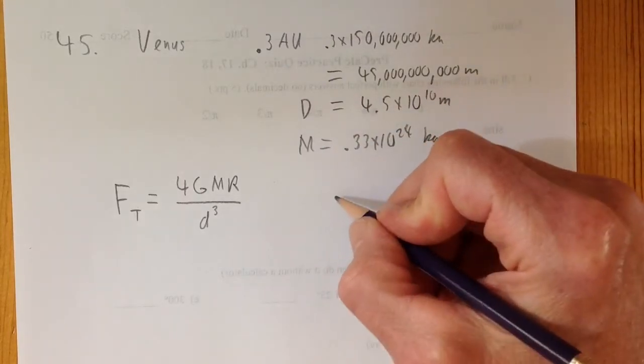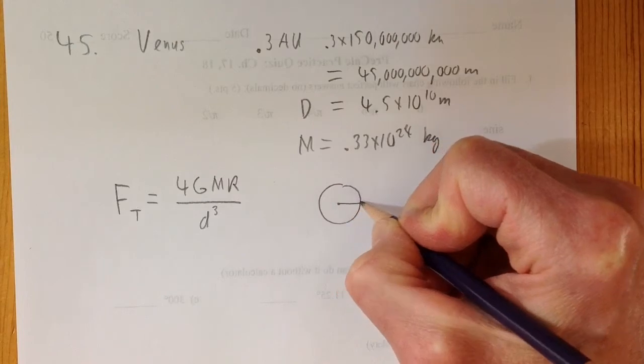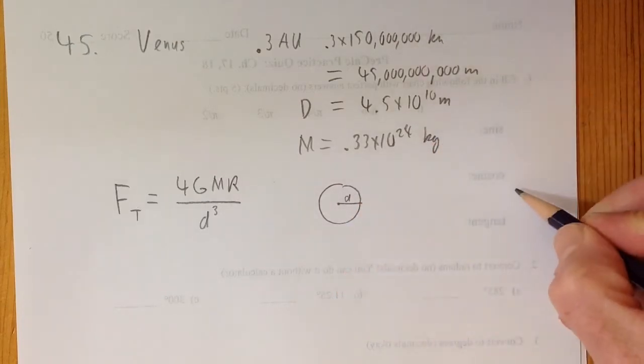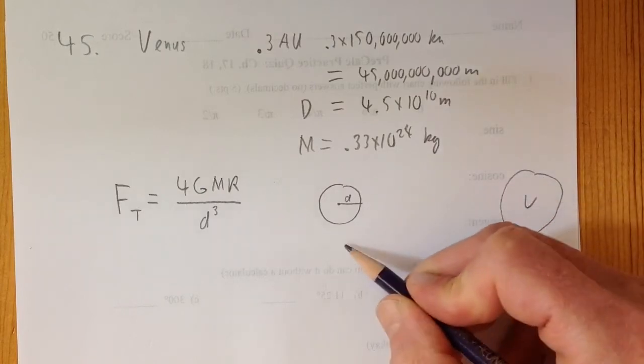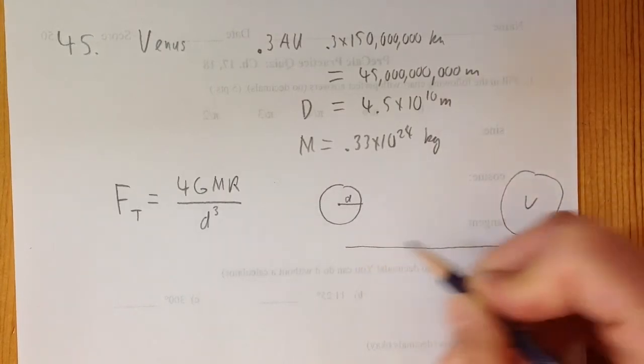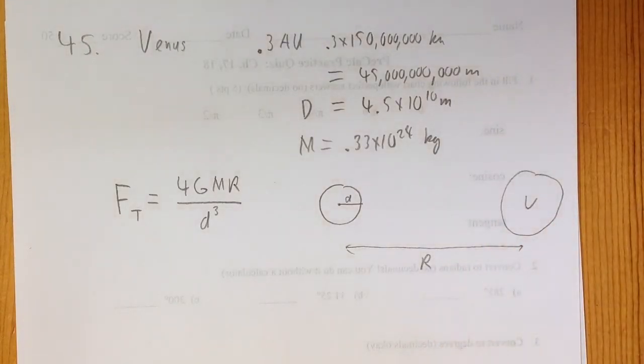Okay, here's the idea. Let's say you are a sphere. Here you are, and way far away here is Venus.